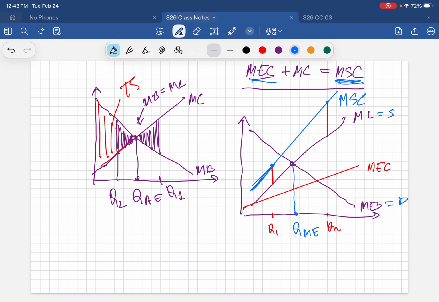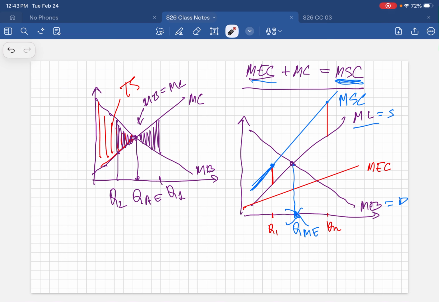Markets want to be at an equilibrium, where supply intersects demand, or where quantity supplied matches quantity demanded. But this point is not the point of allocative efficiency anymore, because MC in this case underestimates the true cost to the society. So we want to use MSC to figure out the point of allocative efficiency.